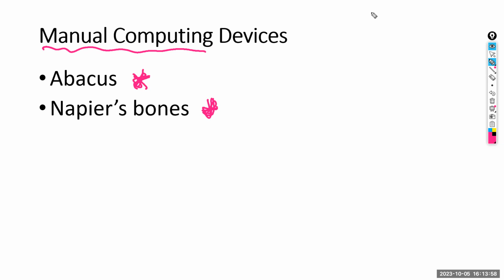So let's first look at what the abacus is. You may have heard of it, and it's a very popular device. These days we don't use it anymore, but it used to be popular before the modern computers came into the picture.